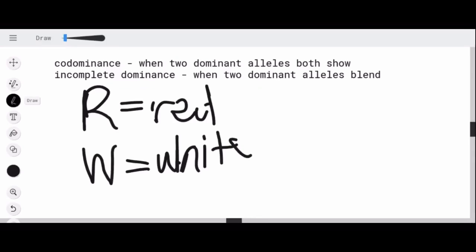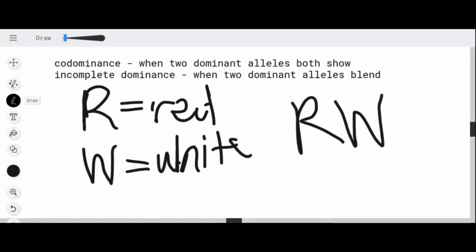Sorry, I'm using a homemade stylus, which means it sucks. Anyway, you have red and white. And this flower has the genotype RW. And you're like, oh no, is it codominance? It has two dominant traits. Would it be red and white?